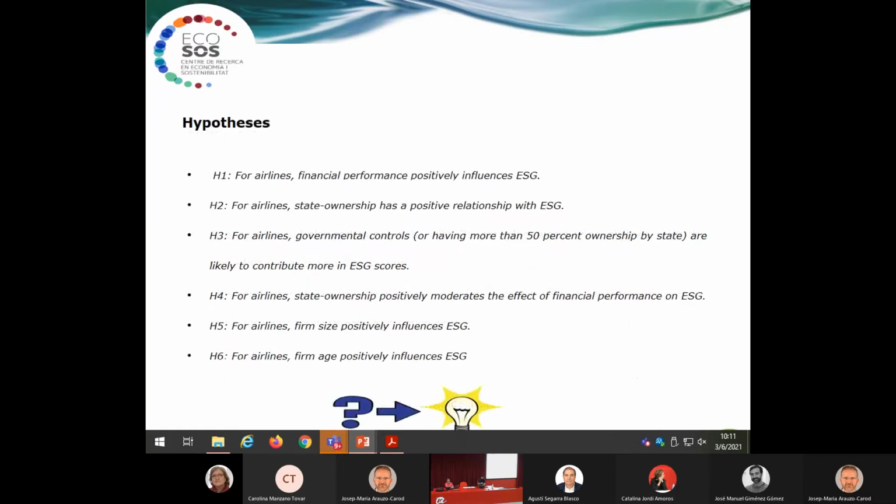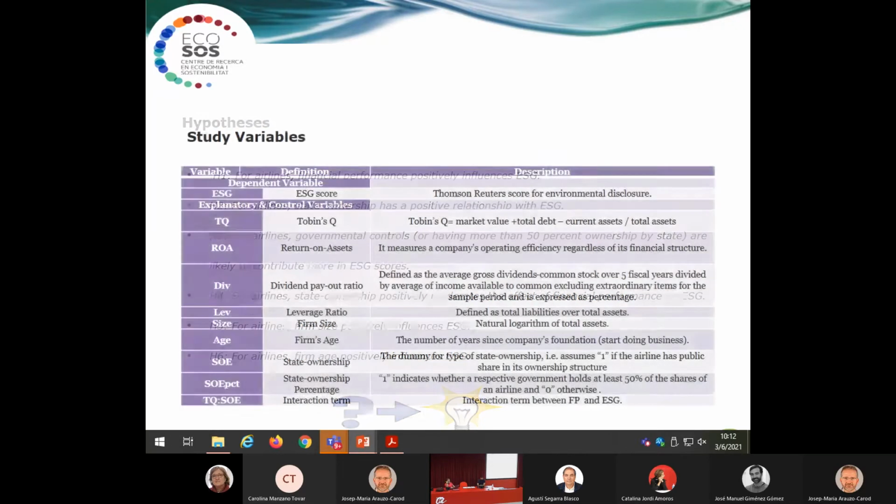It also includes the data related to ESG scores. It's one of the four databases providing ESG data. Here is our hypothesis based on the literature: we expect a positive influence of financial performance, state ownership, size and age on ESG activities.